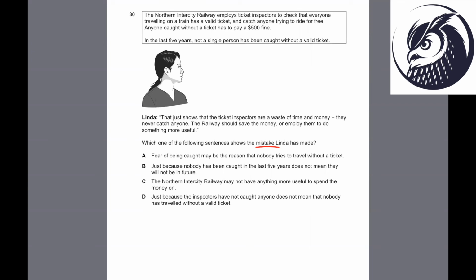So based on the fact that no one has been caught in the past 5 years, and because of that statistic, Linda now makes this conclusion that ticket inspectors are not useful.